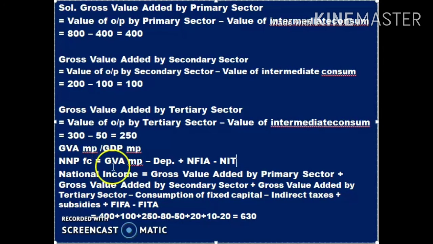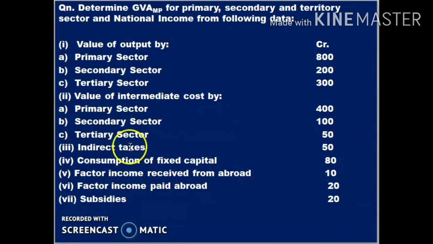So here I had done it for you. So just see. You had added the terms, then you will be subtracting that 80. 80 is given in the question. So 80 is the depreciation, that is consumption of fixed capital. Next you can see if NFIA is not given, factor income received from abroad, that is FIFA, and factor income paid to abroad, that is theta.